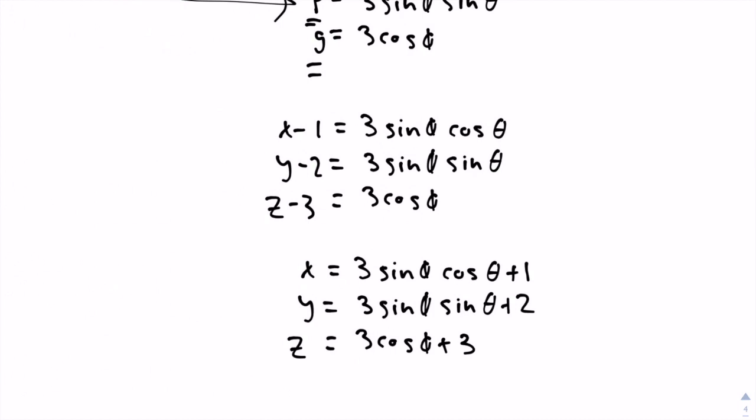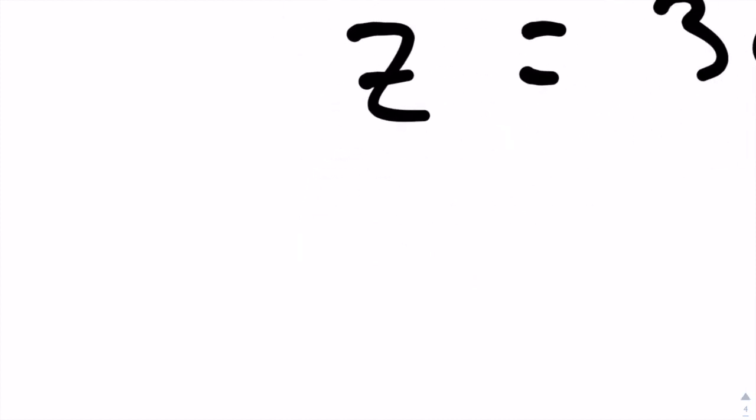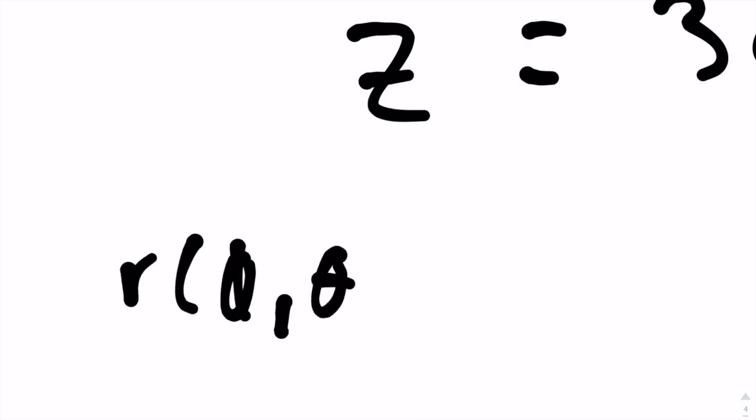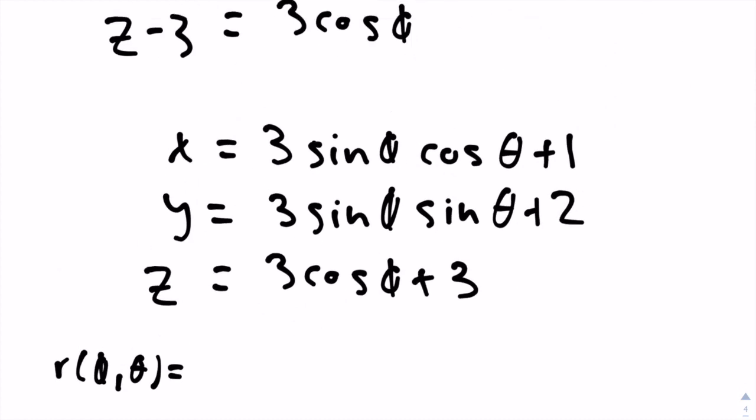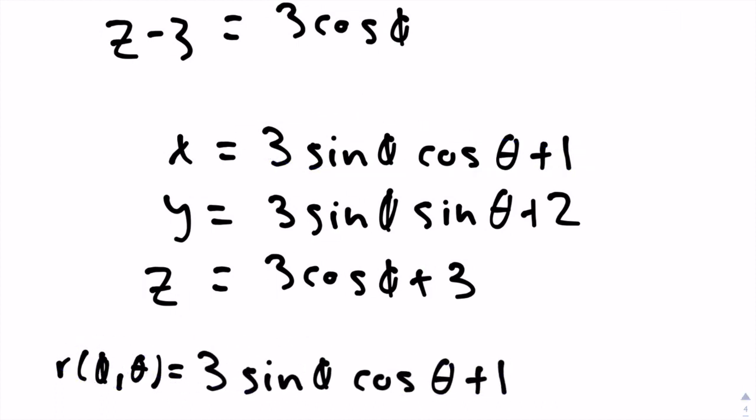And if we want to put it in terms of our r of u of v, which in this case would be r of phi and theta, we can say that our vector valued function for r in terms of phi and theta would equal to, let's copy these over again, just so that we can save some time. That's right.